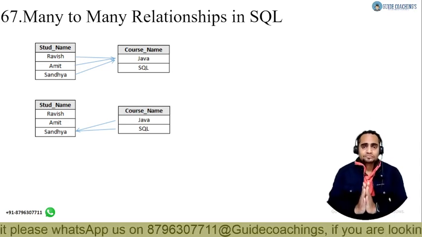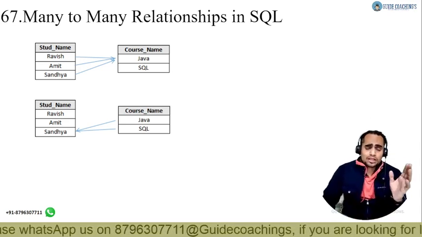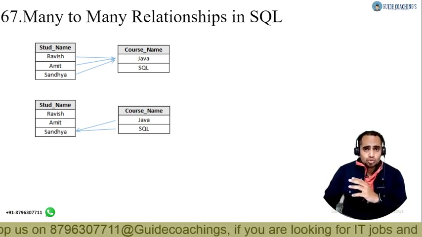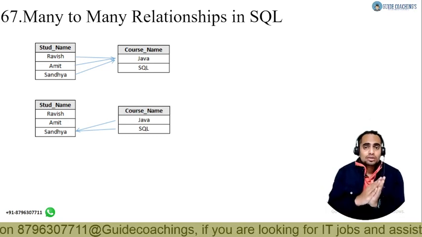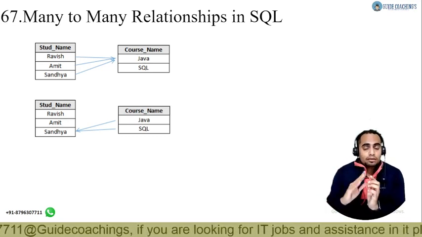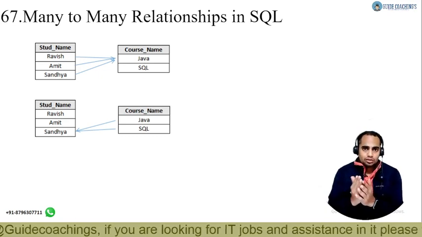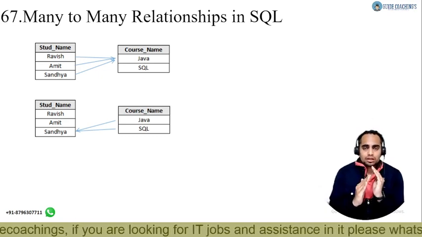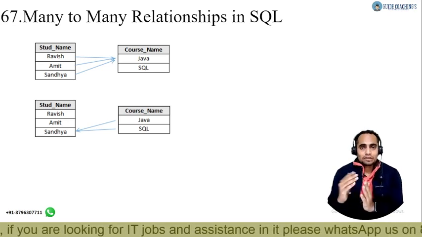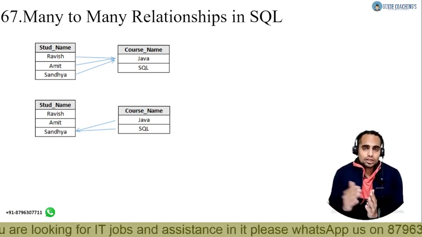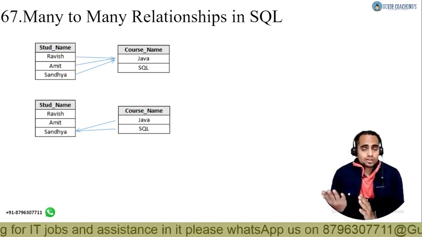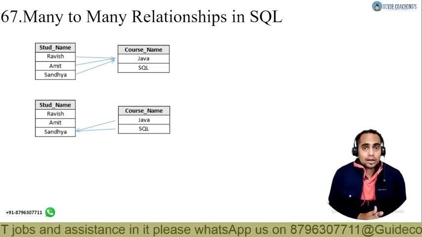If you take a student table here on the screen, and the other one is the course name table, every student can enroll in more than one course. If you take the example of Ravish, Ravish can enroll in Java, and he can enroll in SQL as well. Whereas the courses table can also have more than one student.